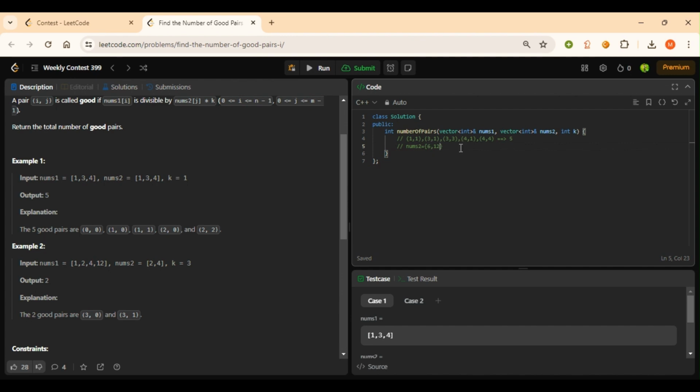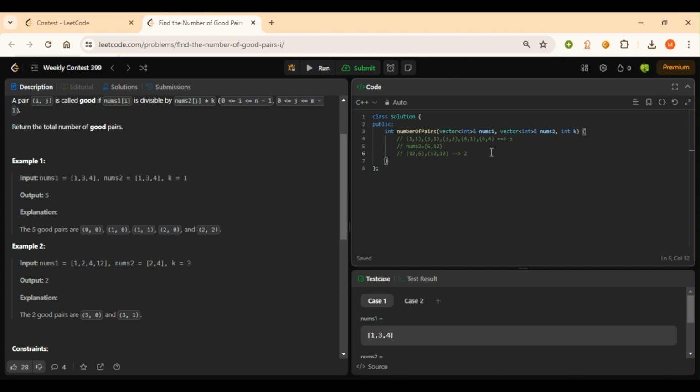Now if we try to find the number of possible pairs that satisfy that condition, we will get 12, 6, and again 12, 12. Since all the other numbers 1, 2, and 4 are not divisible by either 6 or 12, we get these two pairs.